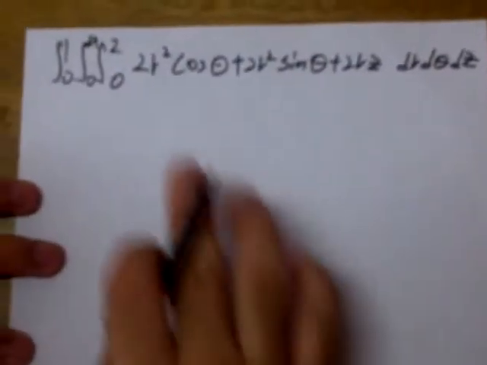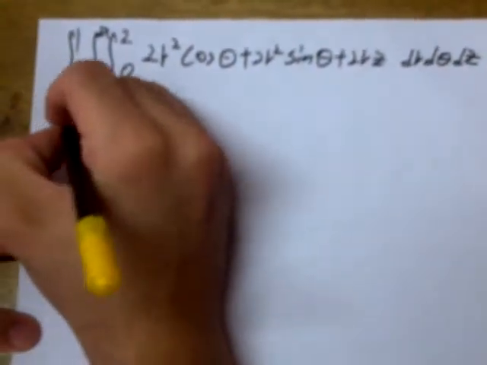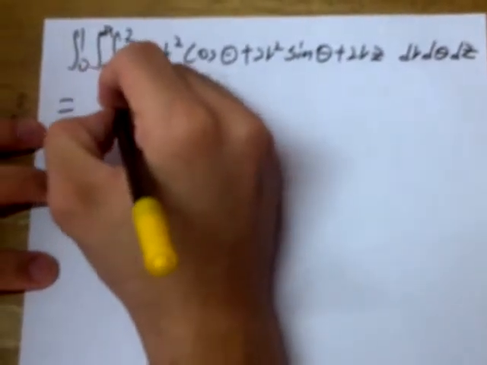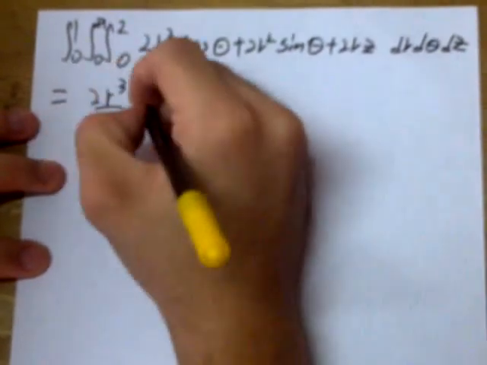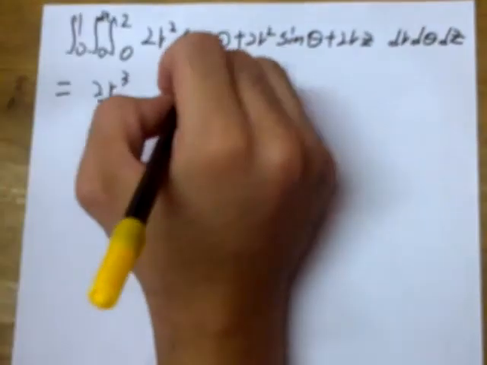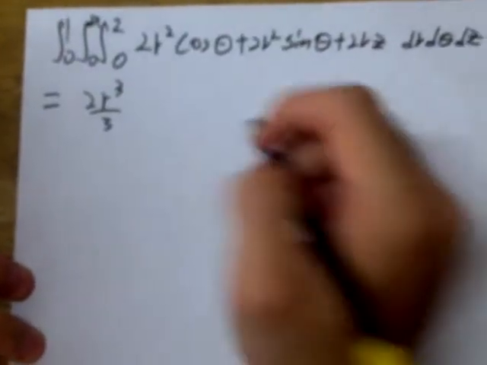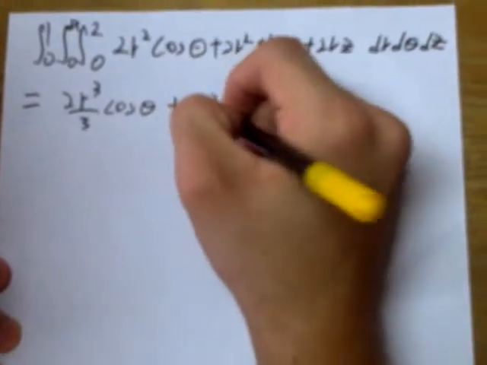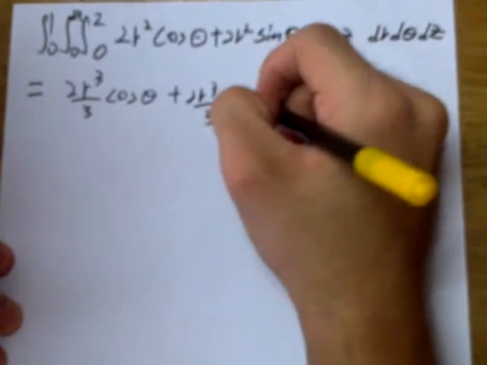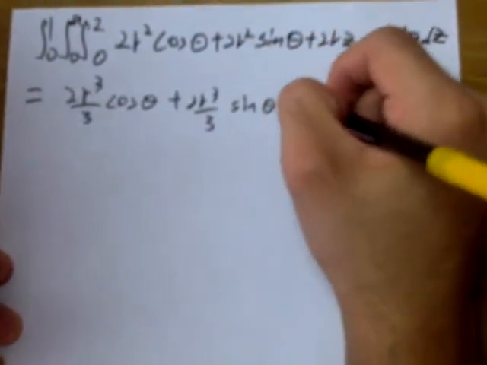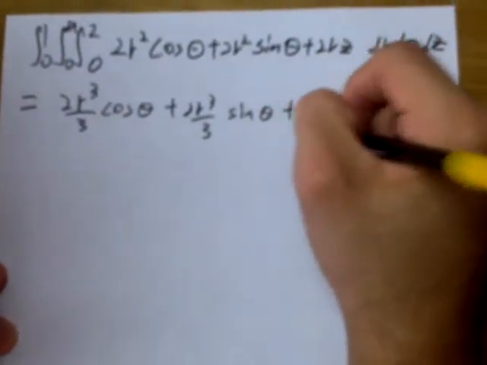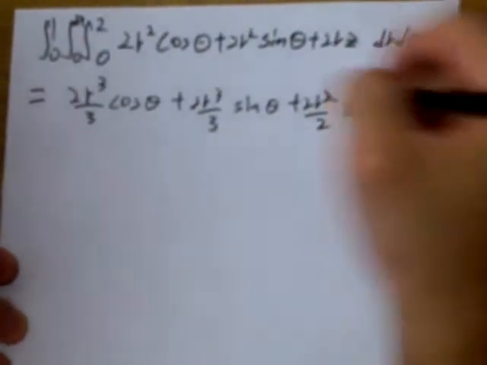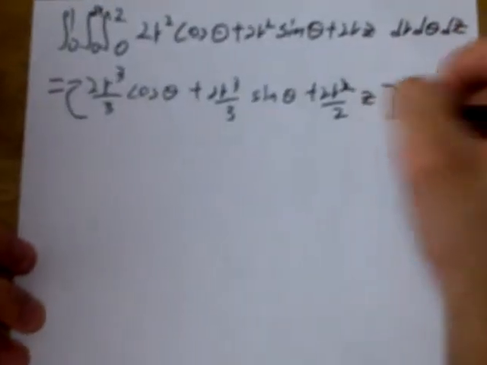So we get this equation, so we integrate. 2r cubed over 3 cos theta plus 2r cubed over 3 sin theta plus 2r squared over 2 z between 2 and 0.